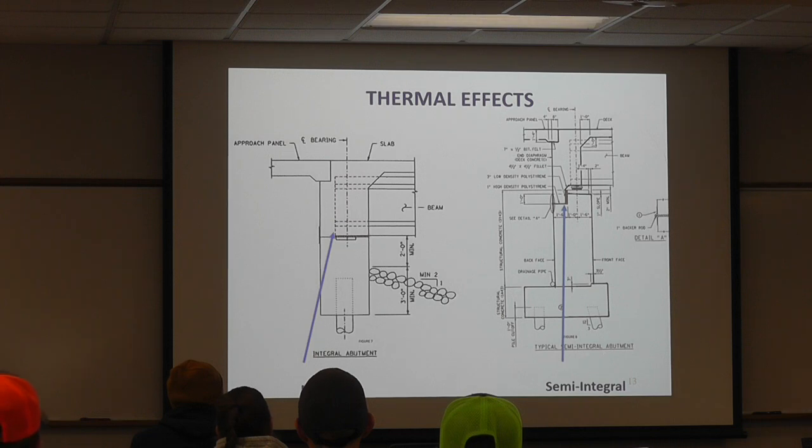The semi-integral abutment has at least 2 lines of piles, a footing, and then a more conventional type of stem. And then we see this polystyrene, which is like that thick, dense blue foam. That gets put on there to provide a way for movement. It's 1 inch down there, and on this vertical face it's 3 inches.